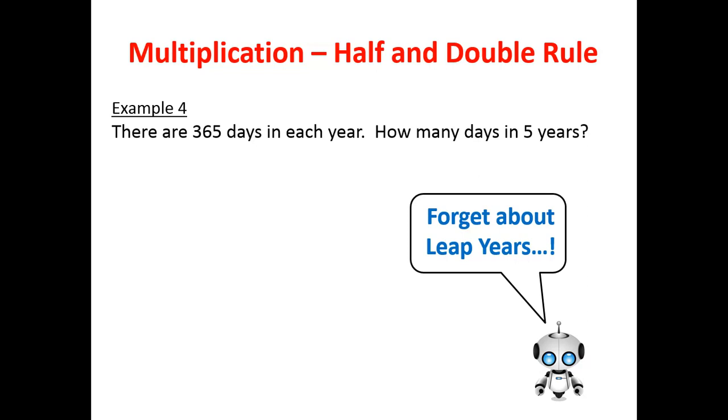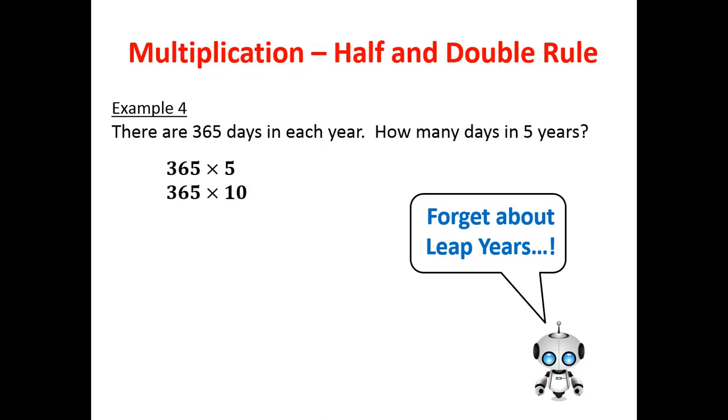Right, example 4. Here's a good problem we're going to solve. There are 365 days in each year. How many days in 5 years? And we're going to forget about leap years. So what we have to do is go 365 multiplied by 5. Easy with a calculator, but let's try and do it in our head.